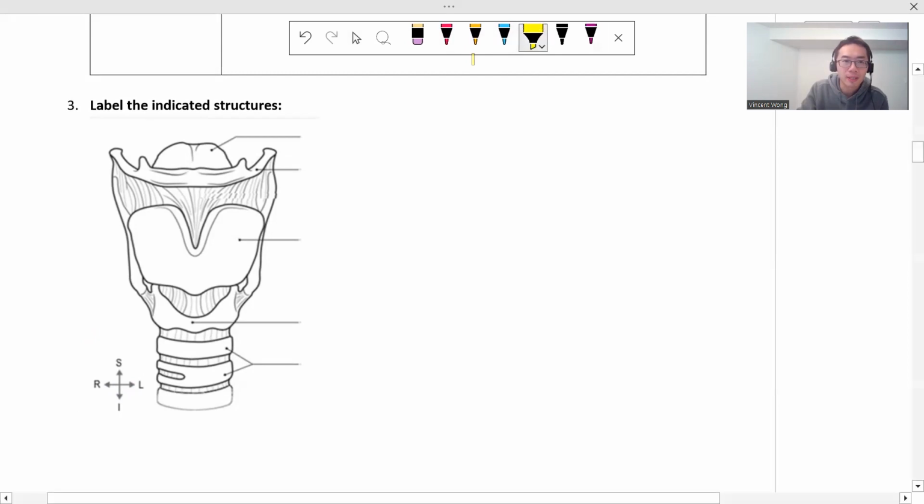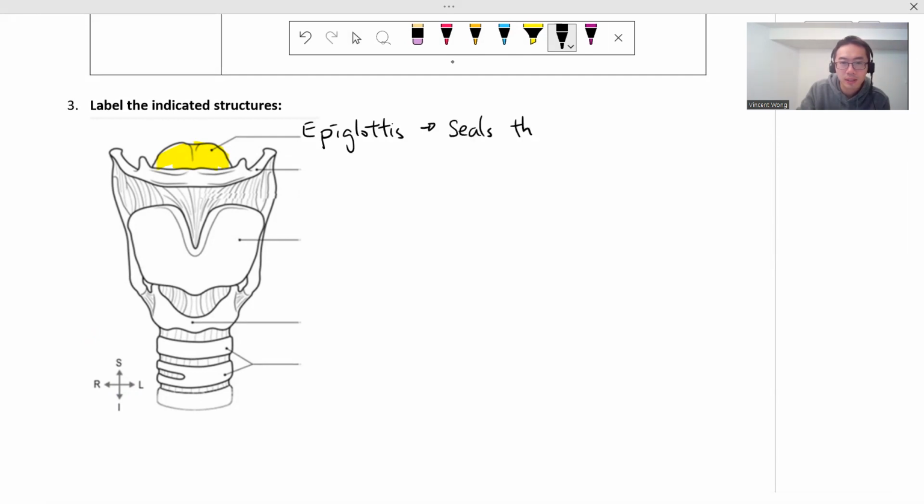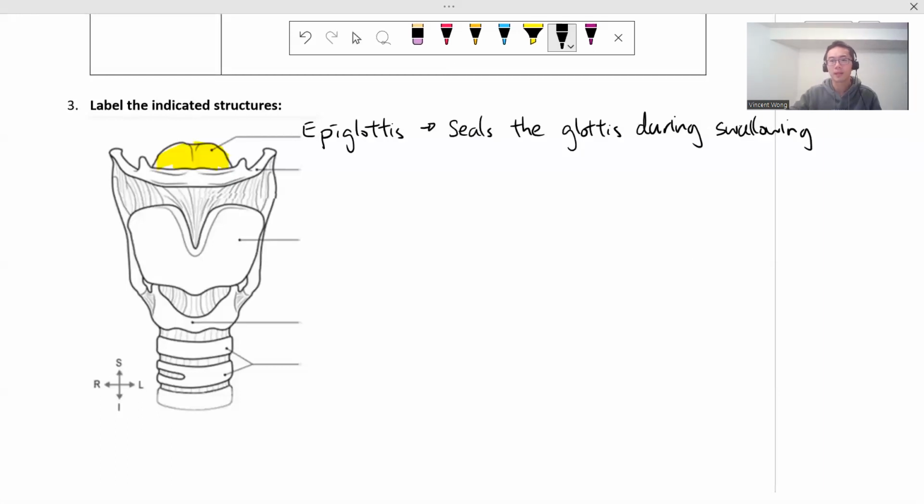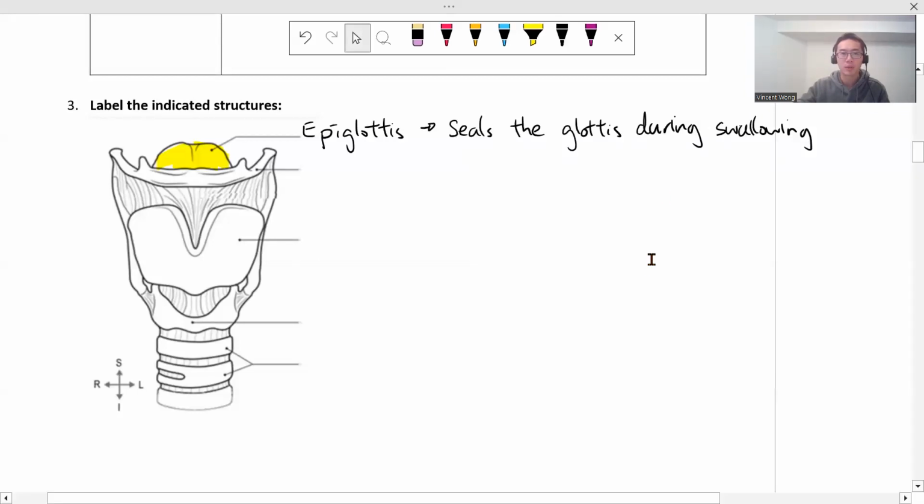So at the top here, we have the flap, the epiglottis, which seals the glottis during swallowing. So it prevents the food from going down the wrong tube, right?